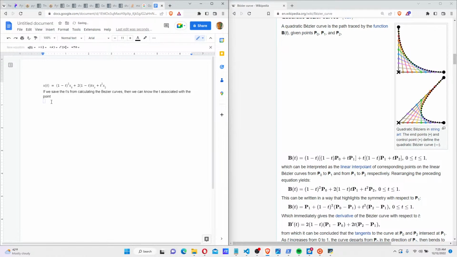Okay, so new equation. X2 we don't know, x naught we know.